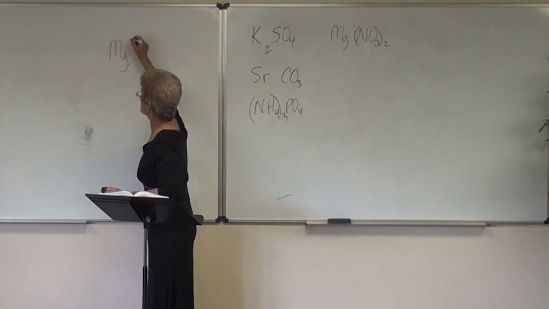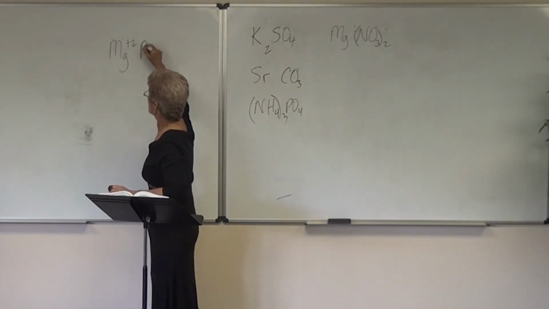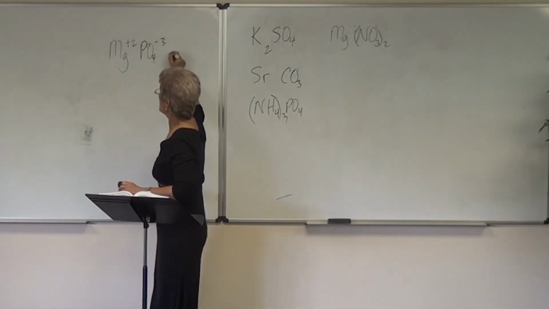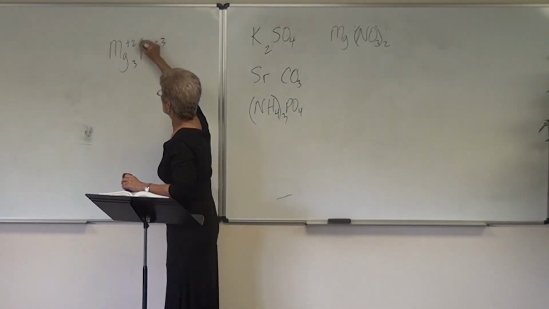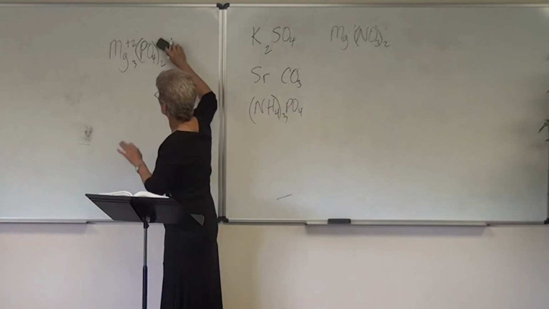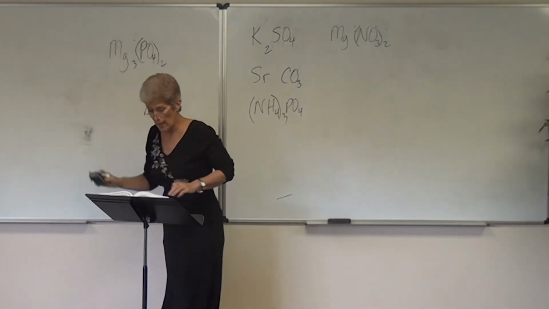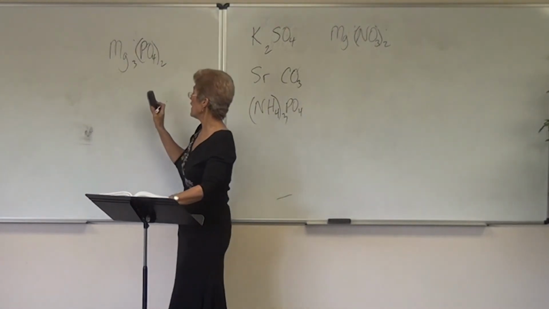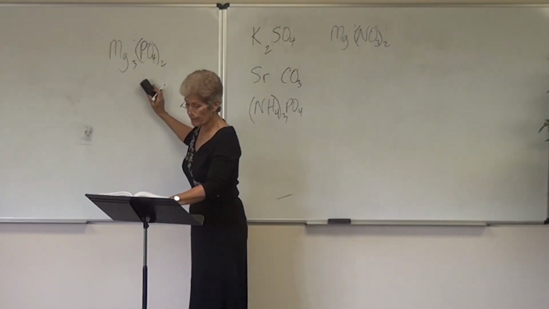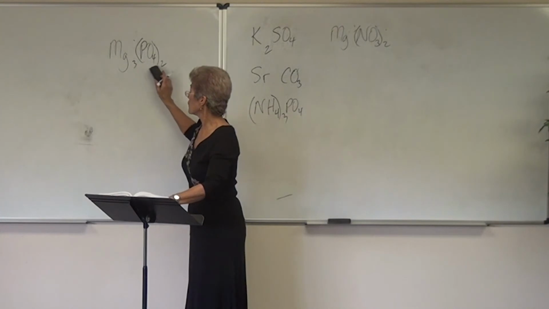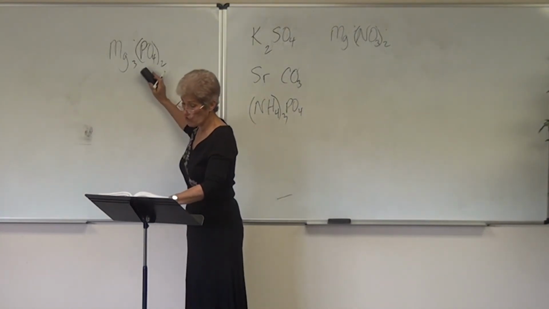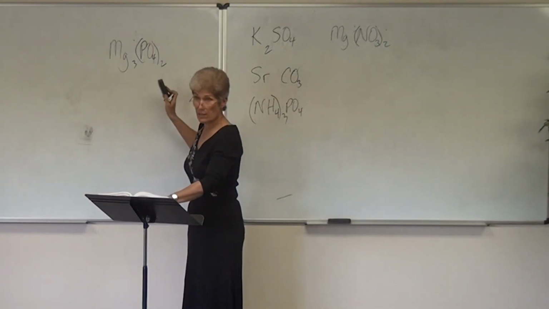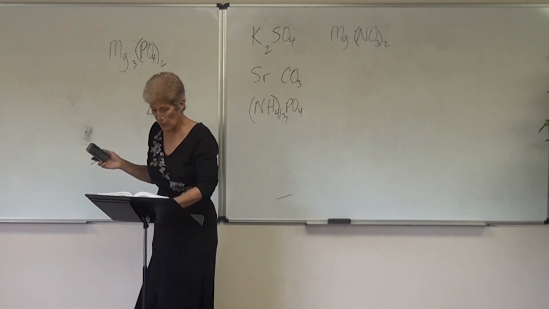Magnesium is +2 and phosphate is -3, so this one gets the 3, this one gets the 2. First you have to do that. How many phosphate atoms are in that? 2. How many oxygen atoms? 8. So you have to figure it out and then go from there.